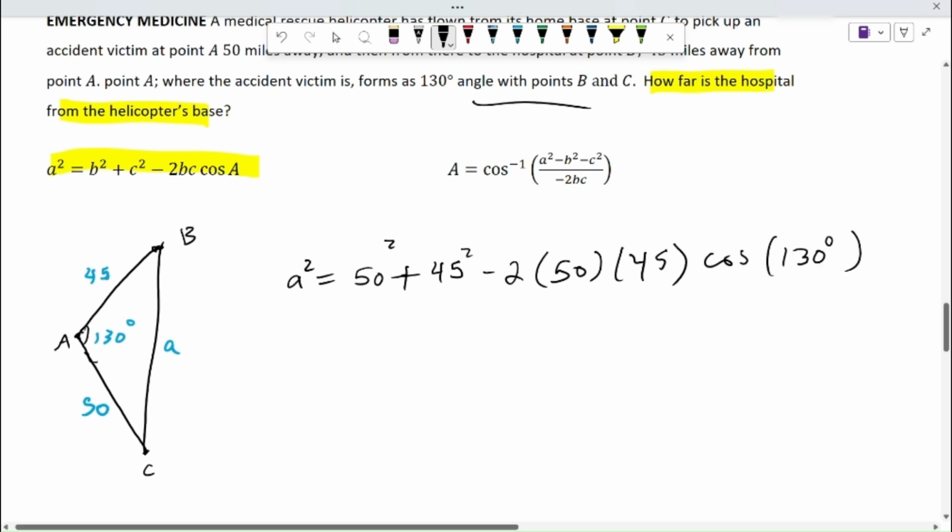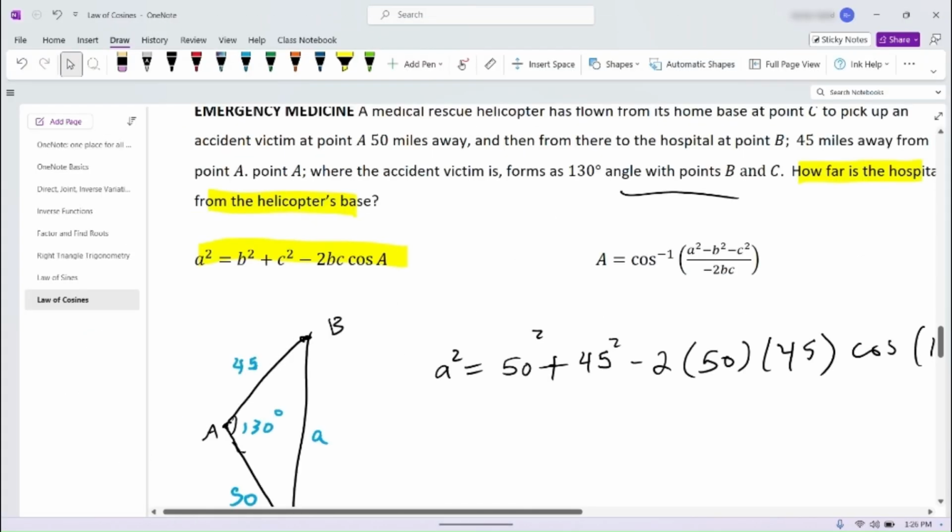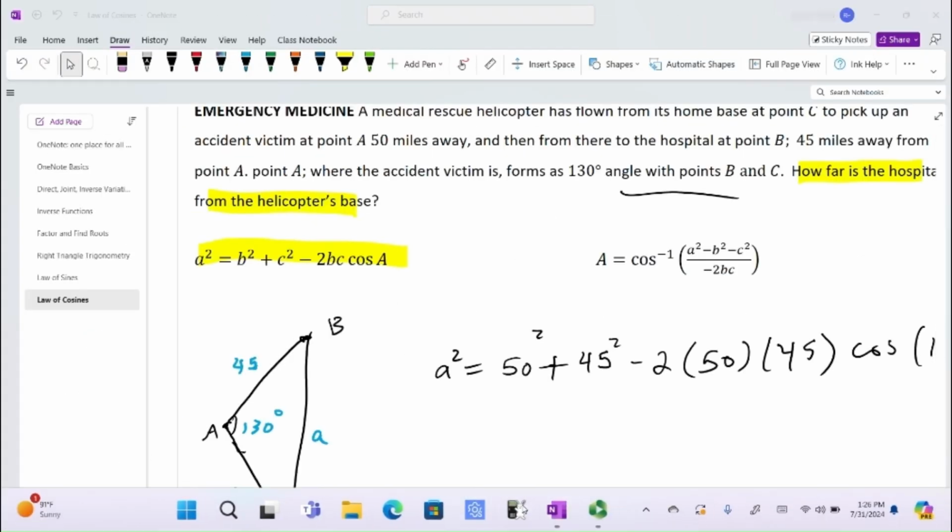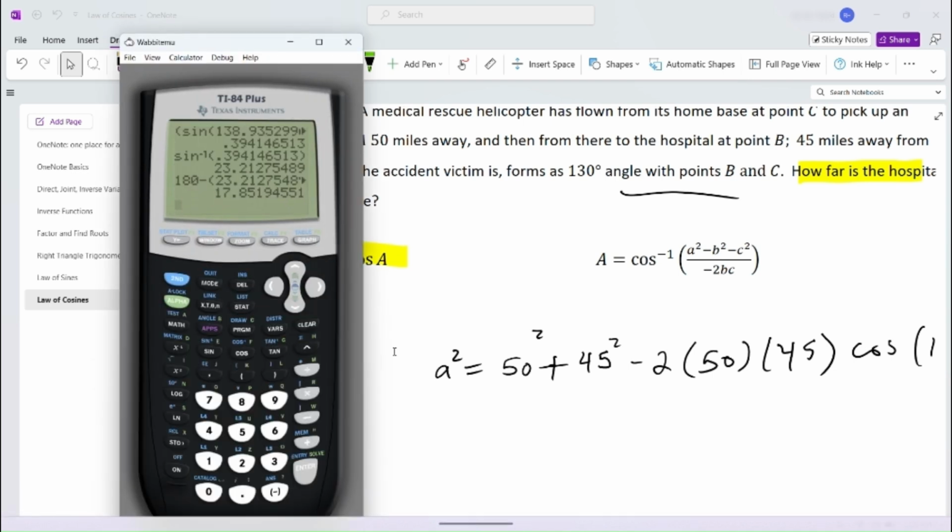All right, so all we need to do now is plug this into our calculator and see what we get. So I'm going to grab my calculator. Let's type that in: 50 squared plus 45 squared minus 2 times 50 times 45 times cosine of 130 degrees. Hit enter.